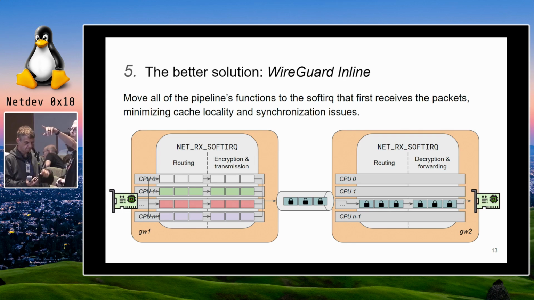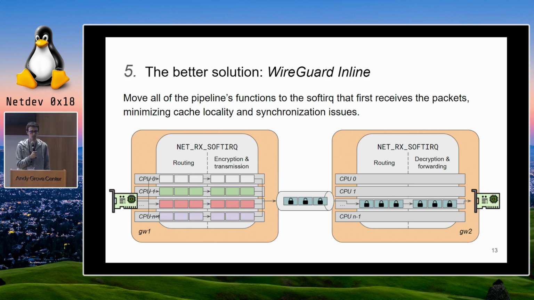Your picture shows it only going on one core, but you're saying it goes on any number of cores, right? That's my confusion. Sorry, what? There's one UDP socket per tunnel. If you have one tunnel, there's one UDP socket. If you have n tunnels, there's n.